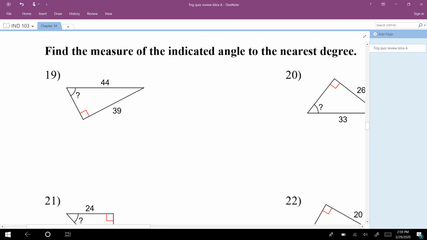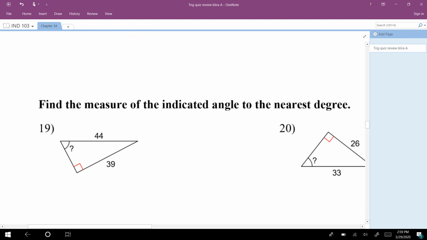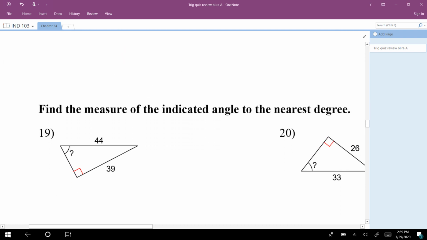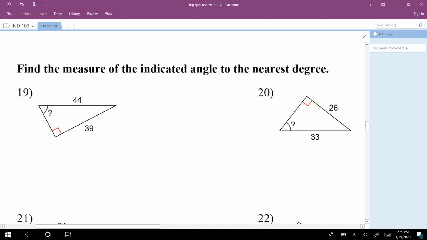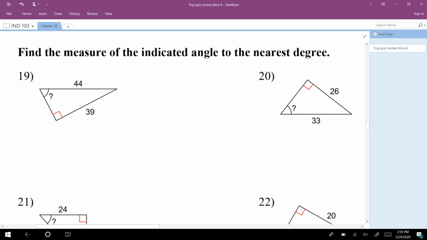All right, now we're going to get into something a little bit different. Same type of setup, but instead of finding a side, we are now looking for the angle itself. So what are we dealing with?